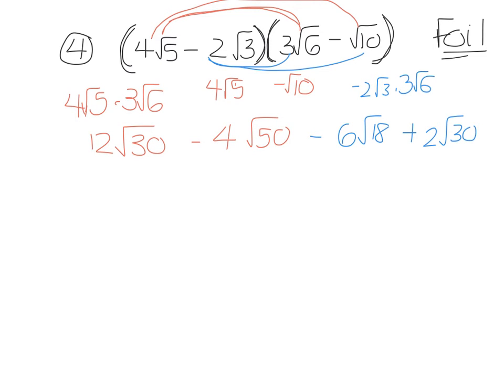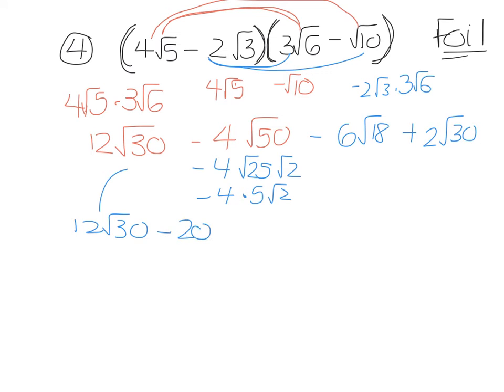Now, I have to see if there's any of these that I can simplify. Rad 30, I can't, so I'm just going to leave 12 rad 30. Minus 4 rad 50, I'm going to change rad 50 to rad 25 times rad 2, which will be minus 4 times 5 times rad 2, which gives me negative 20 rad 2.